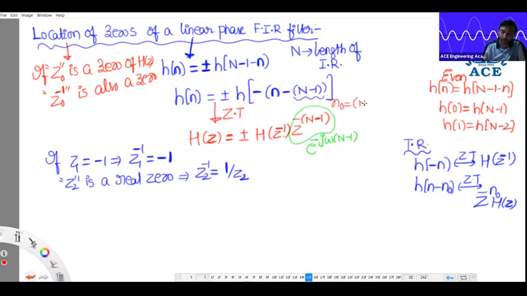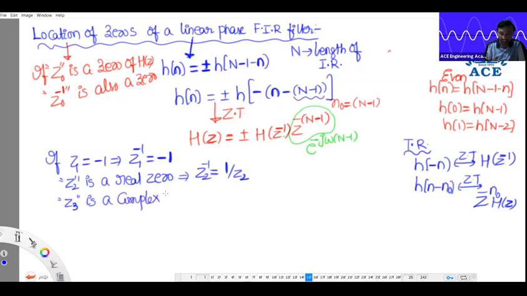One time I made a mistake; every time I will take the n minus n naught form, so Z power minus n naught. First folding, then shifting. Z power minus of N minus 1 only.